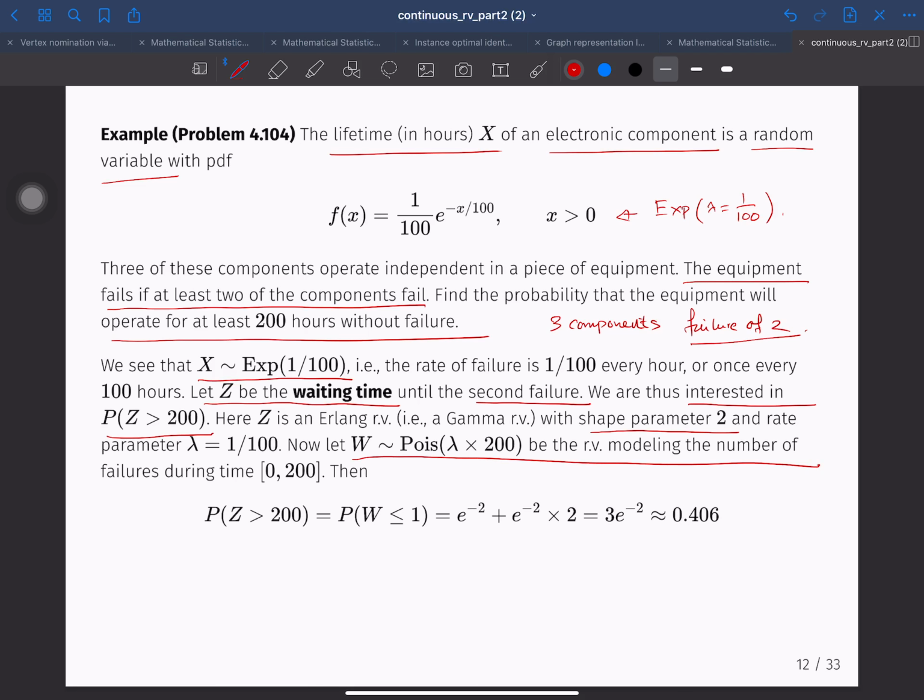And the PDF of this chi-squared with m degrees of freedom is given by this prototypical example of the PDF of a gamma.